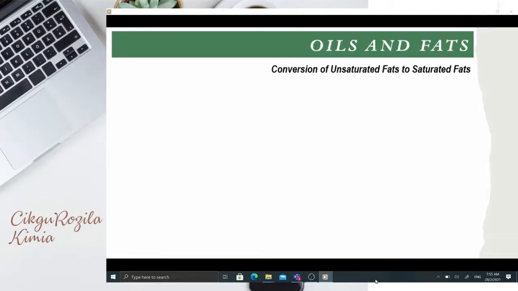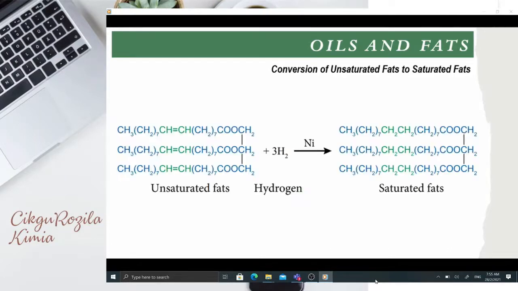Okay, this is the equation for the conversion of unsaturated fats to become saturated fats. So, if we look at the double bond here, kalau anak-anak semua tengok, ini adalah the original molecules of glycerol yang asalnya tadi.